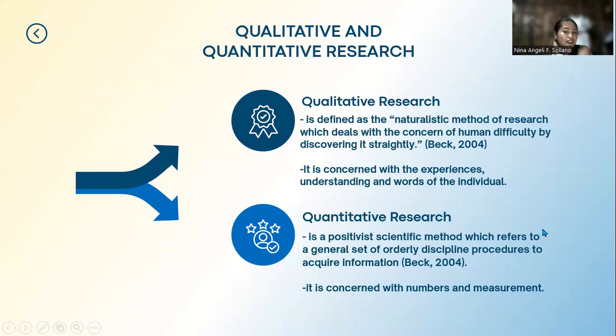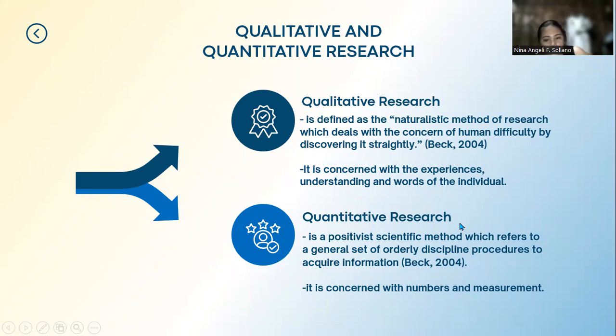So here are the other definitions from Beck 2004. According to him, qualitative research could be a naturalistic method of research, which deals with the concern of human difficulty, okay? Or it could be discovering it straightly. He stated that it could be concerned with the experiences or the understanding of the words of the individual, okay?